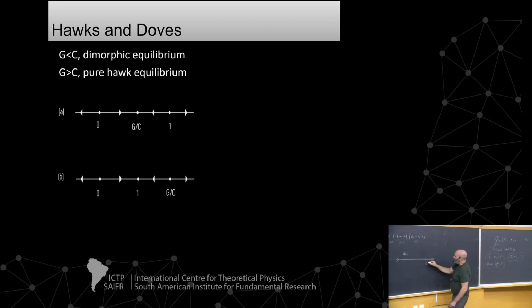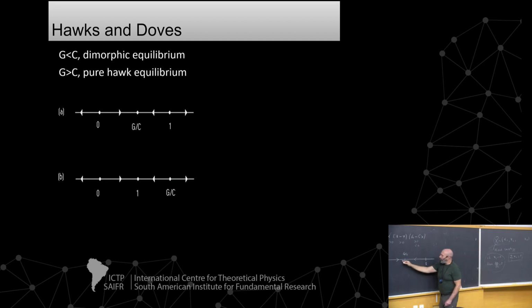On the contrary, if x is greater than G over C, this will be always greater than 0, and this will be always greater than 0, but now this term is less than 0. So the evolution is pointing in this direction.